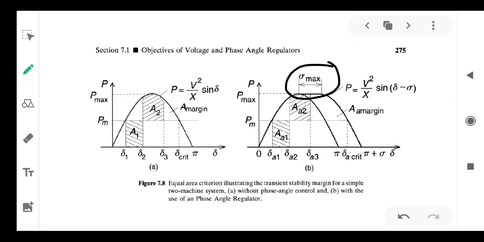So the margin has been increased tremendously with the help of the phase angle regulator. Therefore the phase angle regulator can also enhance the power flow as well as stability of the system.